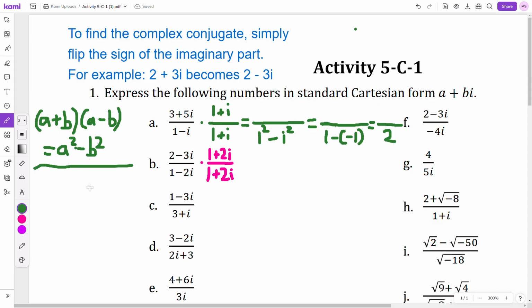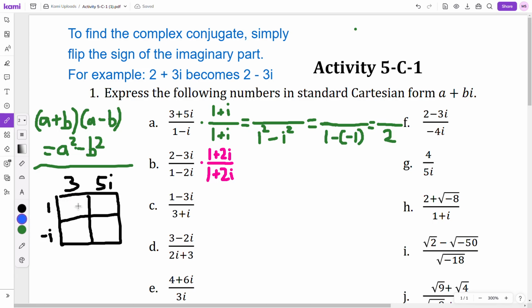So here we have 3 plus 5i times 1 plus i. And I'm just going to do a simple area model. And so that's going to be 3 plus 5i and 1 minus i.